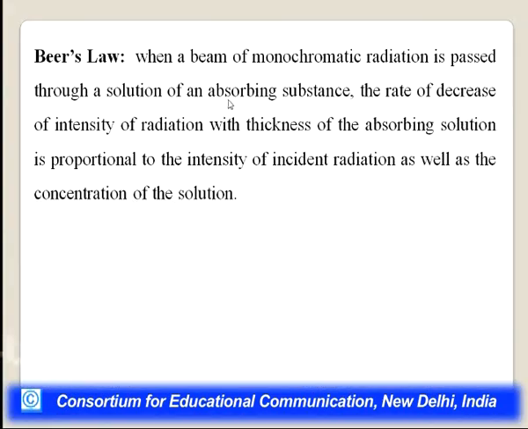When a beam of monochromatic radiation is passed through a solution of an absorbing substance, the rate of decrease of intensity of radiation with thickness of the absorbing medium is proportional to the intensity of the incident light, as well as the concentration of the solution. So if you vary the concentration, the rate of decrease of intensity will also vary.